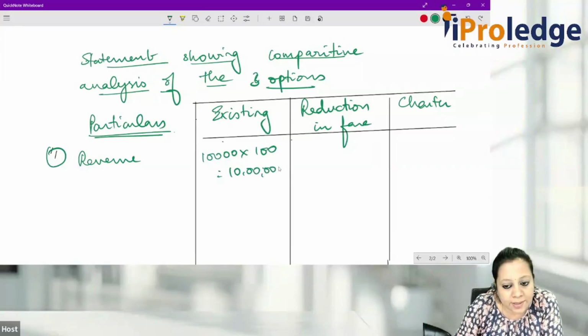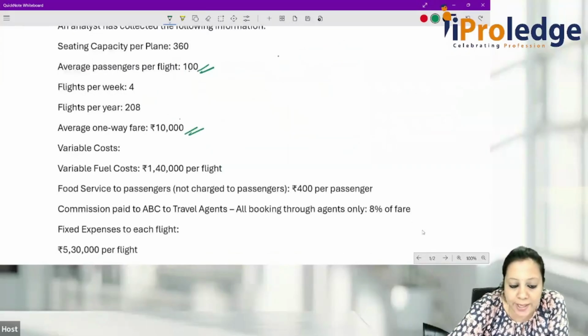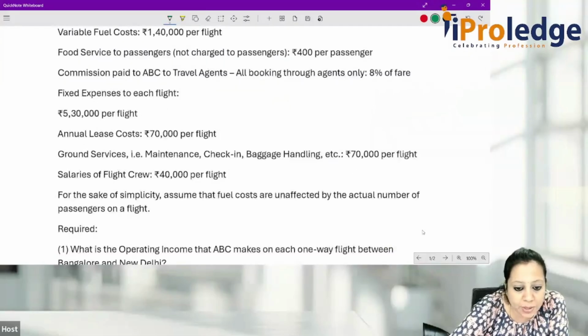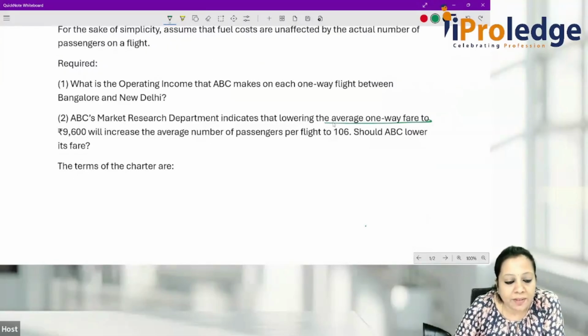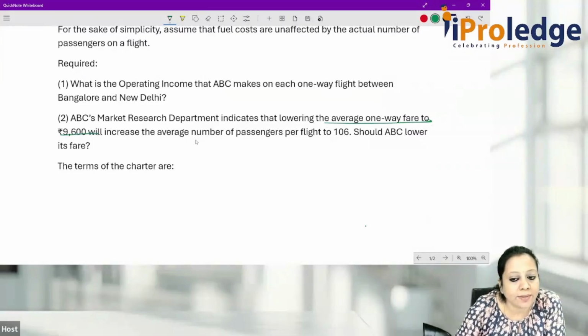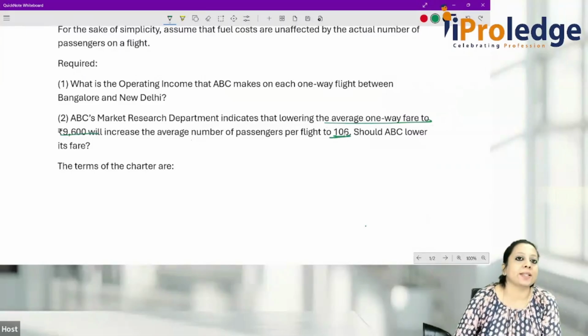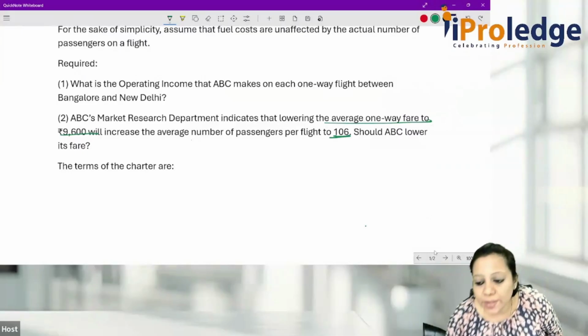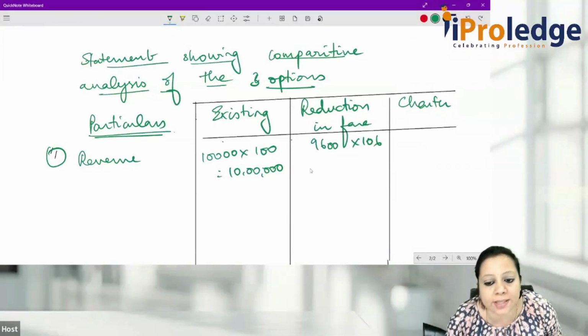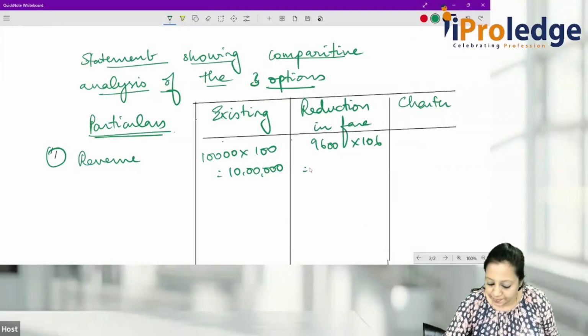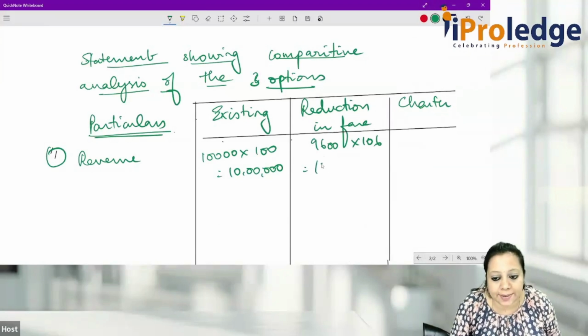And for the next option, all of you please see point number two. Lowering the one-way fare to 9,600 will increase the number of passengers to 106. Correct? So it is going to be 9,600 into 106. How much is that? Yes, 10 lakh 17,600.